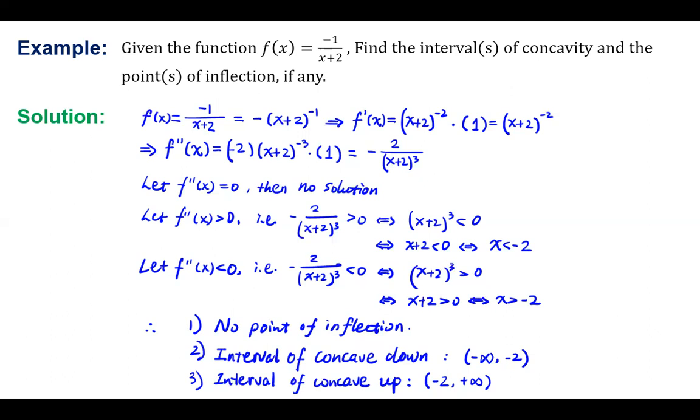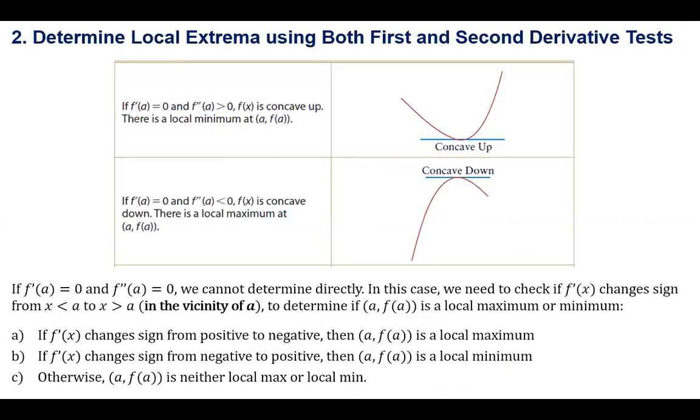Okay, if you don't have any questions, let's have a look at the next concept, which is to determine the local extrema using both first and second derivative tests. So basically, in our previous lesson, we have already studied, if you want to check the local extrema, first of all, you need to find its first derivative, right?